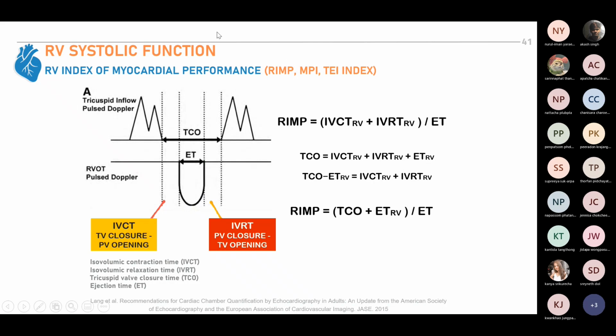And this is the RV index of myocardial performance, also known as the Tei index. These measurements refer to both systolic and diastolic functions of the RV. The myocardial performance index is the ratio of isovolumic contraction time plus isovolumic relaxation time divided by ejection time.